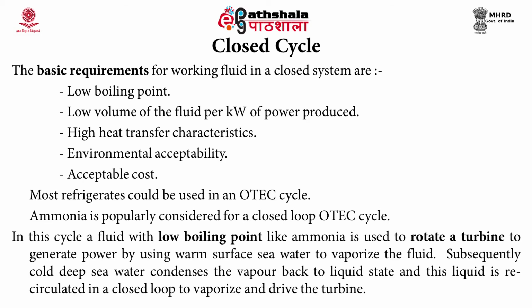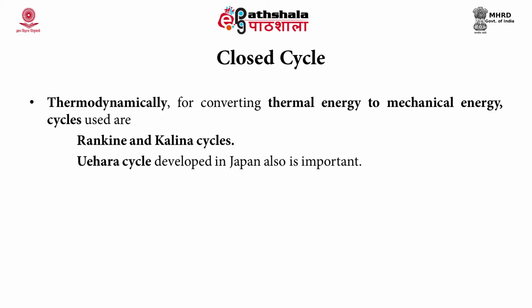In this cycle, a fluid with a low boiling point is used to rotate the turbine to generate power by using warm surface seawater to vaporize the fluid. Subsequently, cold deep seawater condenses the vapor back to the liquid state, and this liquid is recirculated in the closed loop to vaporize and drive the turbine, which you have already seen in the figure.